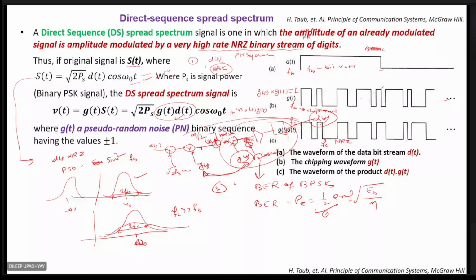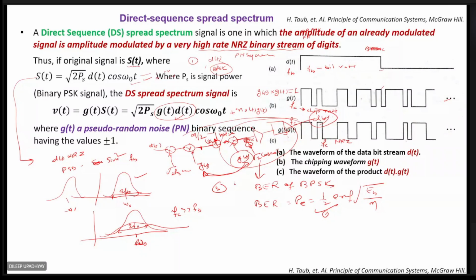I am again repeating: in direct sequence spread spectrum techniques, we first take the BPSK signal, and then we amplitude modulate it with the help of the PN sequence, whose chip rate is very high as compared to the bit rate. The resulting signal d(t)g(t) has the same chip rate fc, and because of that there is a spreading in the spectrum.